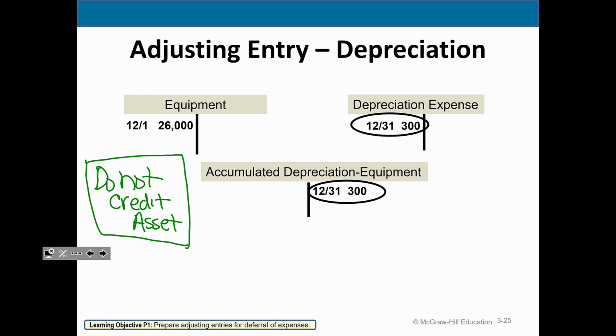So accumulated depreciation is a contra asset account. So that's opposite of an asset. So if an asset increases on the debit, what's the natural balance for a contra asset account? Credit, yes, exactly. Okay. So when you take the equipment less your accumulated depreciation, it equals your net realizable value.